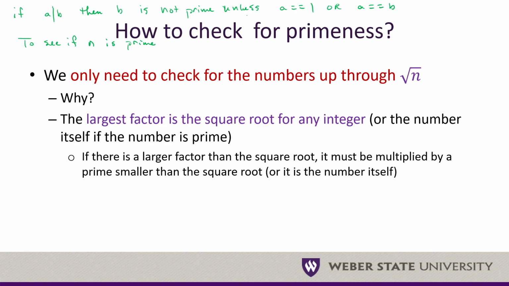If there is a factor that divides n that is larger than the square root, that always means it is multiplied by another number less than the square root in order to equal the number.